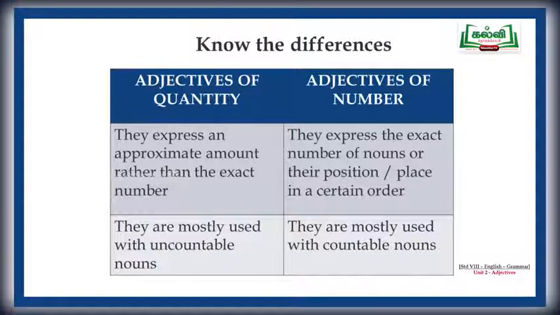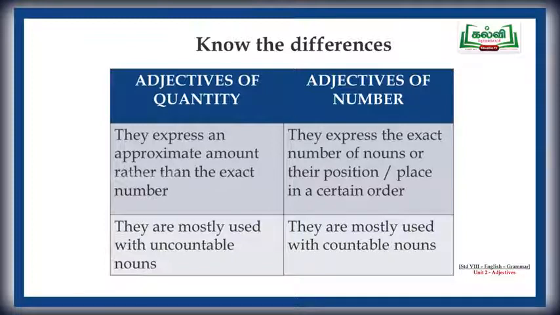Now we must know the differences between adjectives of quantity and adjectives of number, because you may have some confusion about the differences. So let's finish this and then we'll go to the next kind. Okay, are you ready? Yes. First let's see adjectives of quantity. It expresses approximate amount rather than the exact number.